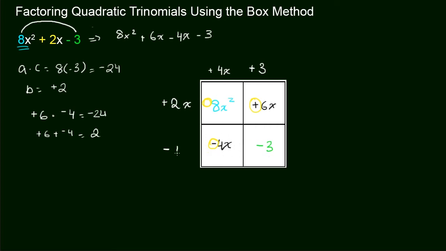So I'm going to factor out a 1. And there are my two binomial expressions. We never write the positive in the leading term, so the factored form of 8x squared plus 2x minus 3 is 4x plus 3 times 2x minus 1.